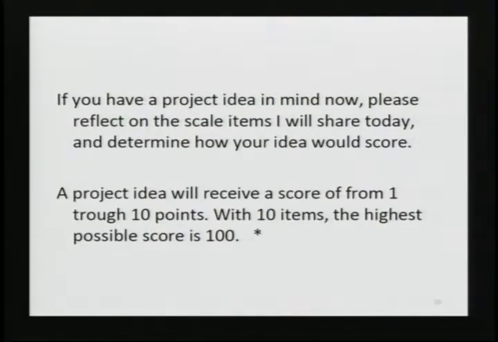If you have a project idea in mind right now, please reflect on the scale items I will share today and determine how your idea would score. A project idea will receive a score of from 1 through 10 points. With 10 items, the highest possible score is 100.